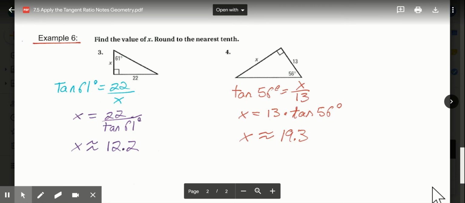Then on the other one, number 4, we were given our 56 degrees. So opposite over adjacent, tangent of 56 equals x over 13. So to solve for x, multiply both sides by 13, and x is approximately 19.3.